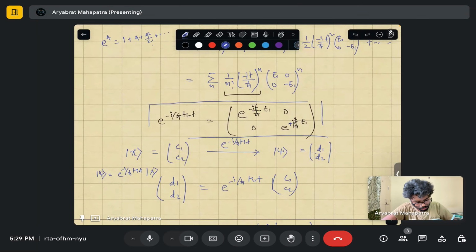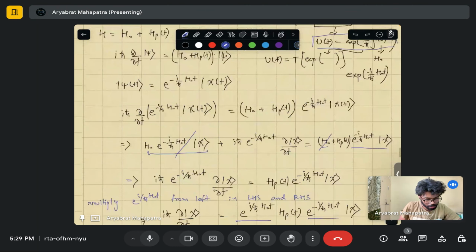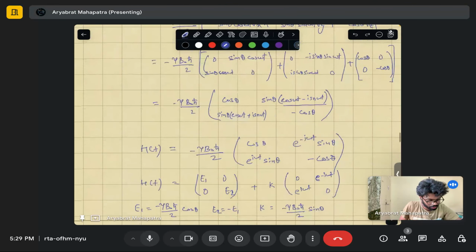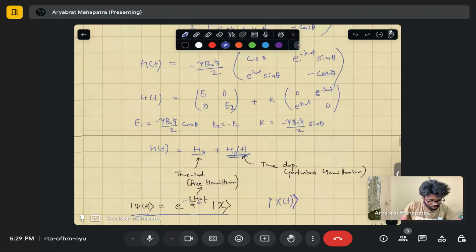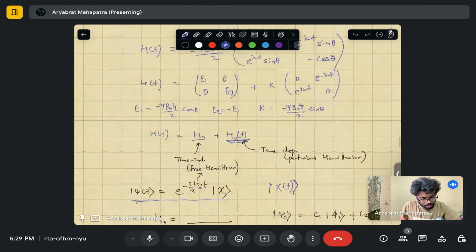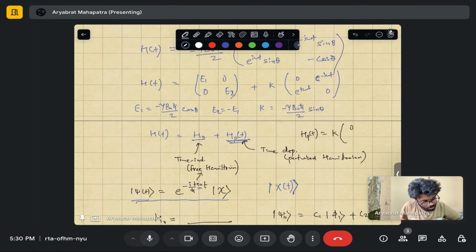So we have e to the power minus i/ħ H0 t, and for e to the power plus i/ħ H0 t, the sign will be changed. Here you will have plus and here you will have minus, and then HP, our HP is this, like I just showed you earlier. Let me write this HP here. HP is k times the matrix with 0, e^(−iωt), e^(iωt), 0.